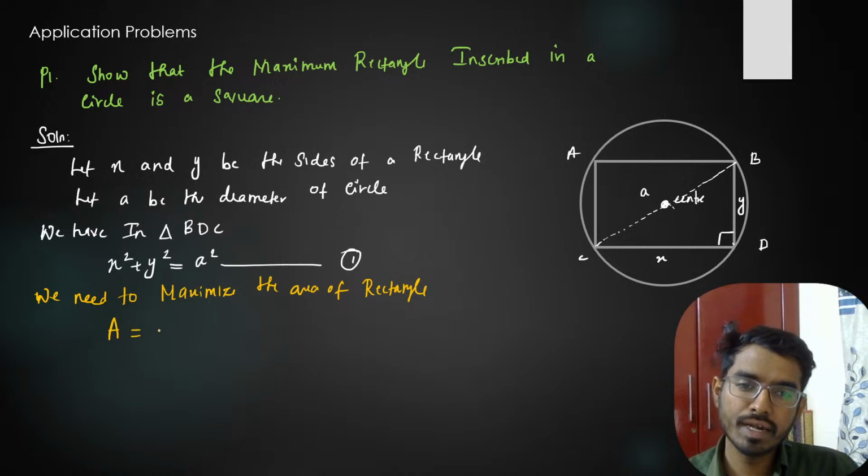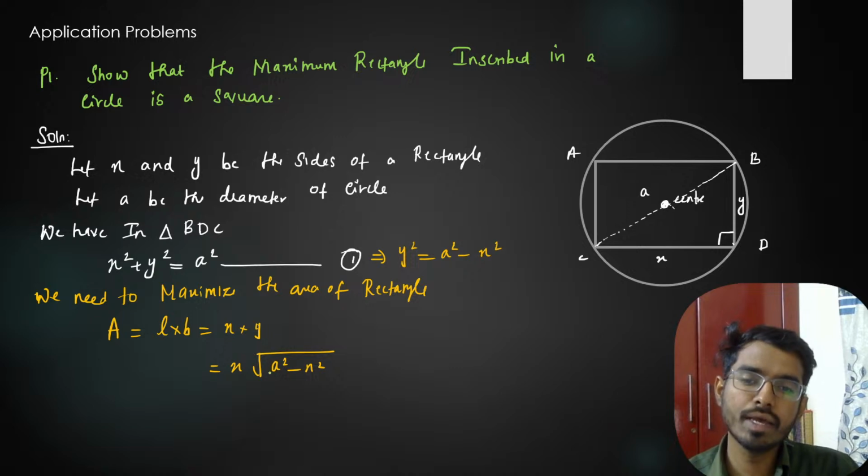Now, what is the area of a rectangle? L into B. So, in our case, it is x into y. What is y? y is root of a square minus x square, right? So from here, y square is equal to a square minus x square. So y will be root of that.